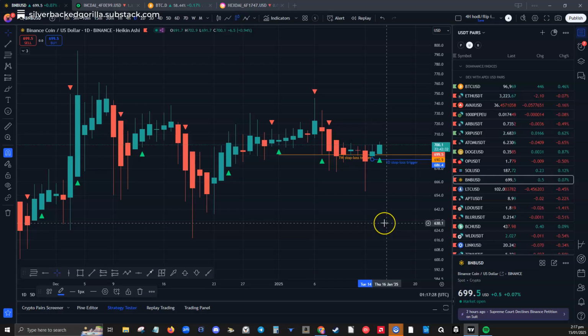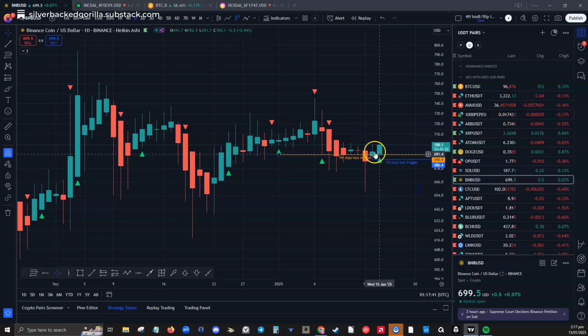It's like getting support on the weekly and the daily. And today on BNB, it's going to be a green buy. If you don't have it, you'll be buying it now. It's a fresh one. And your stop loss level will be $686.40.